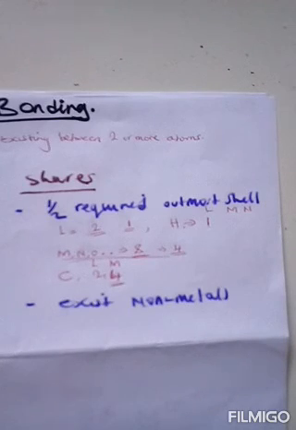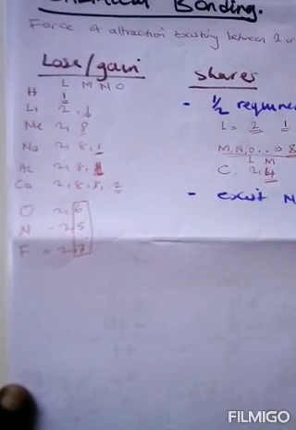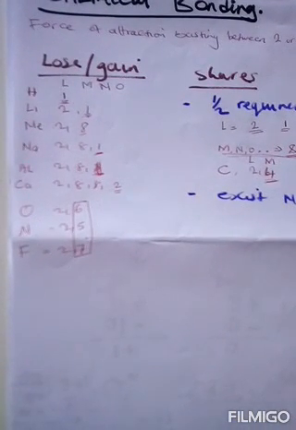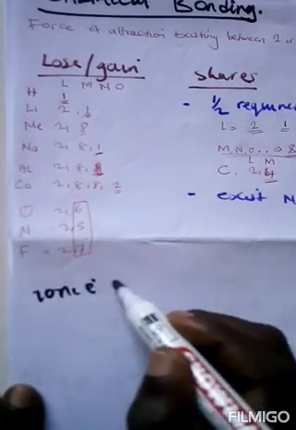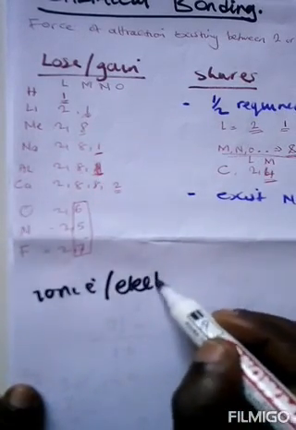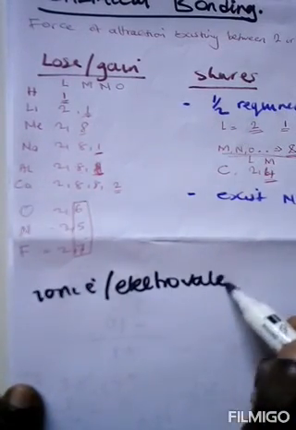Okay, so we know how a bond is formed: by losing, gaining, or sharing. Now let's look at the types of bonds that you can form. There are 3 types of bonds. We have what we call ionic bonds, or electrovalent bonds.